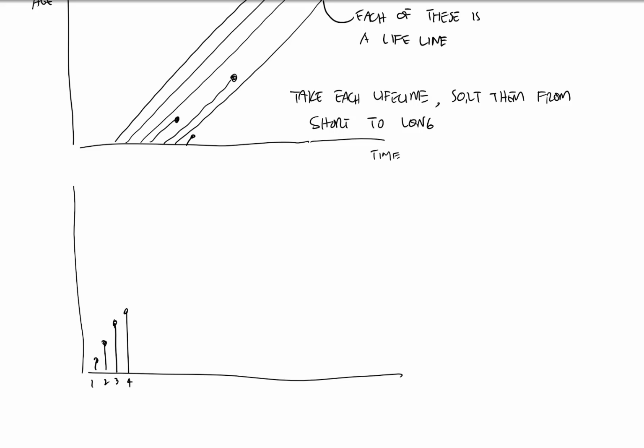Suppose in our original population we had, say, 2,123. Then way out here we have the longest-lived person, the one who lived to be 100 years old or whatever. And that is going to be the 2,123rd person. So we have sorted all of our lifelines from short to long.